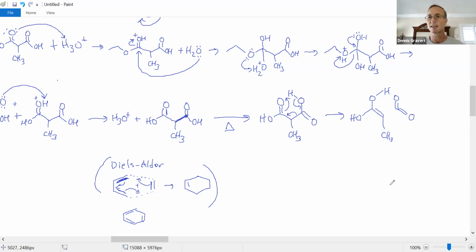Yeah, that's the next thing. Hey, what the heck is this? There's a carbon here with 2 oxygens. That's carbon dioxide. Yes, this decarboxylation reaction is the name of this last step of the mechanism of malonic ester synthesis.